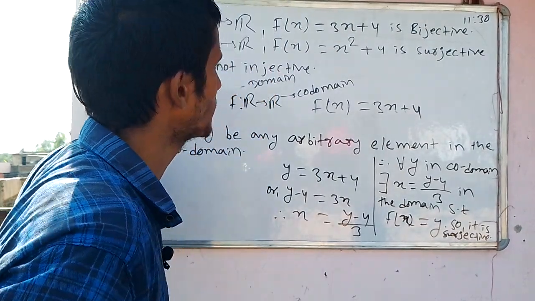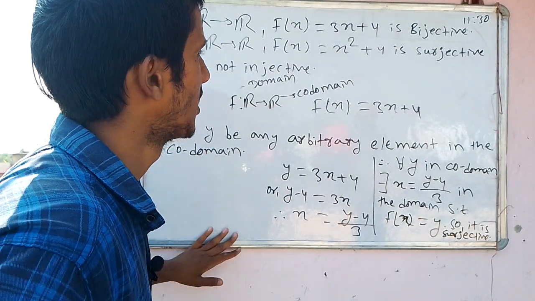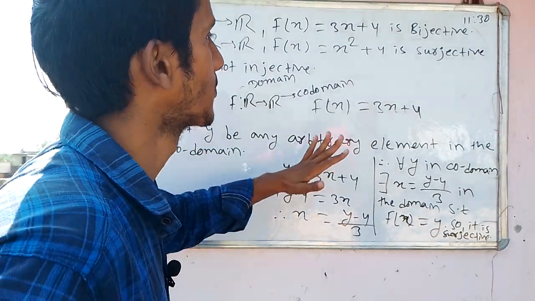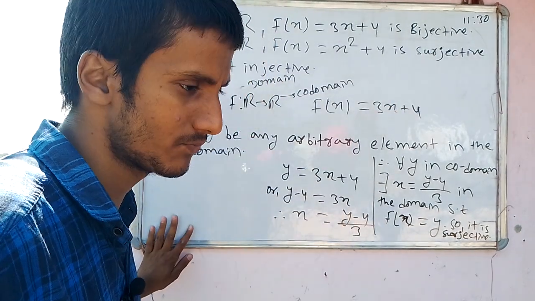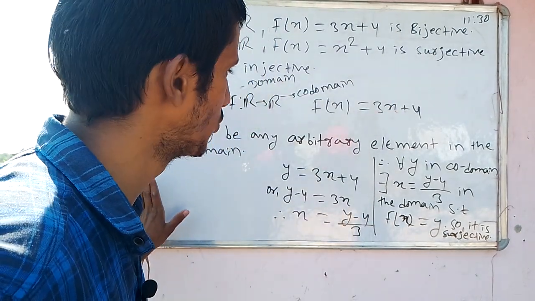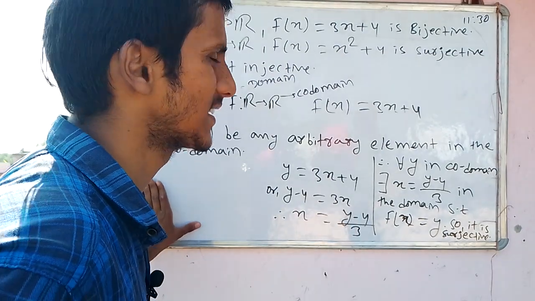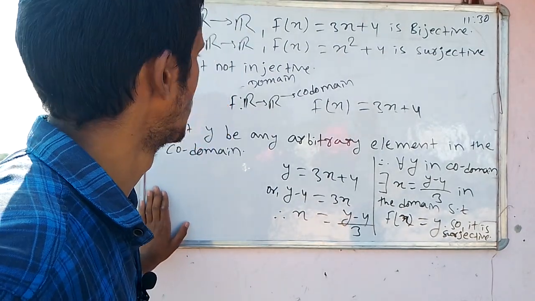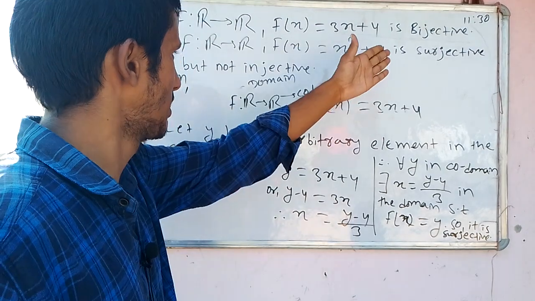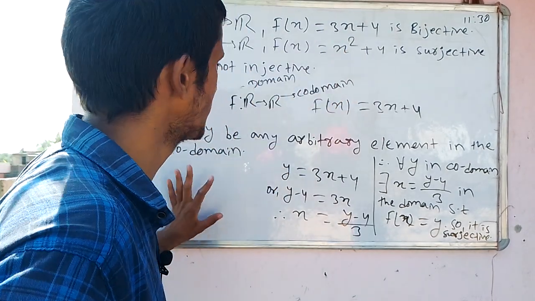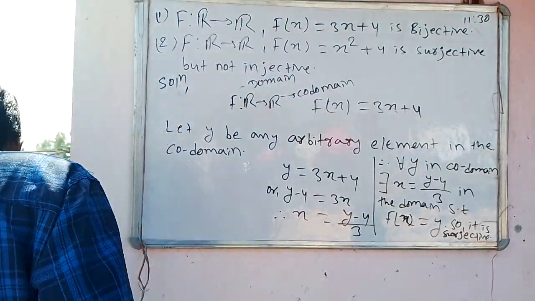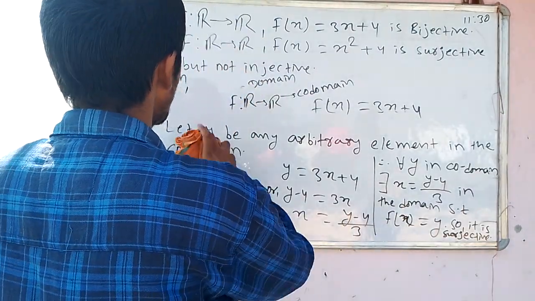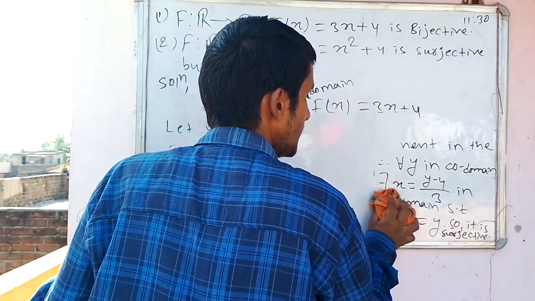Now the second problem is just the same. There is not too much difference, but here what you have to prove is that this is surjective but not injective. This is what we have to prove in the second example. You can do the problem on your own too, but right now I'm going to do this. This problem is also easy.